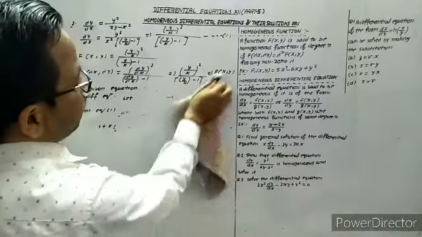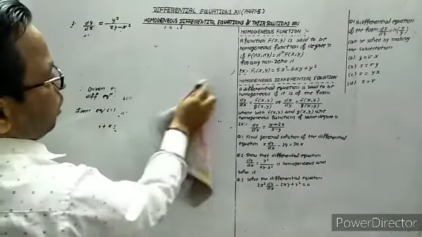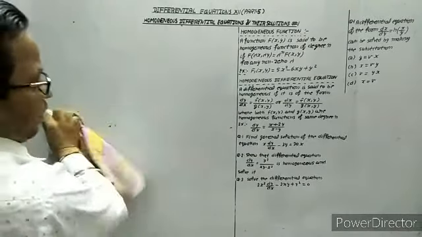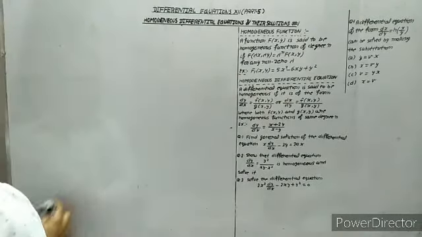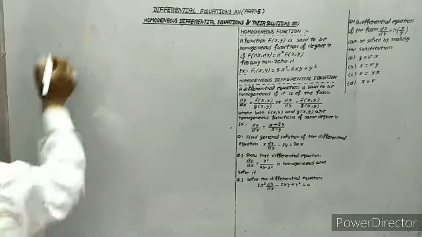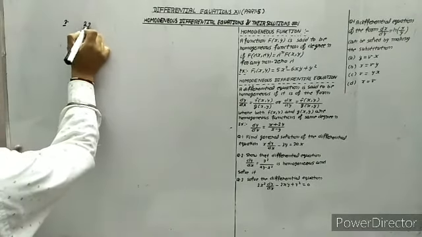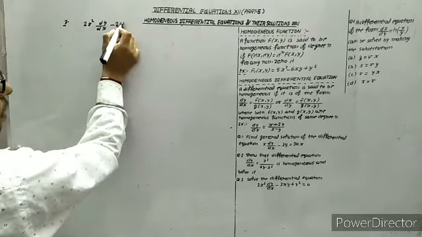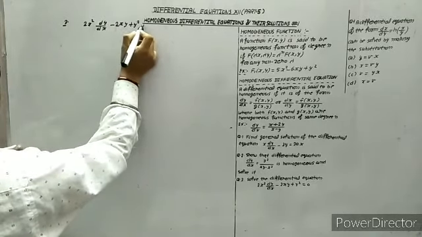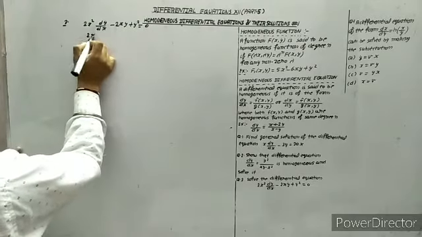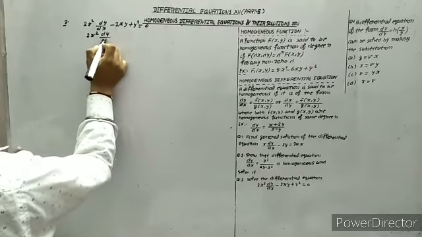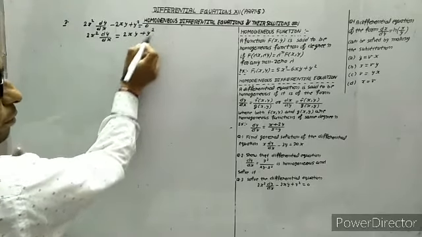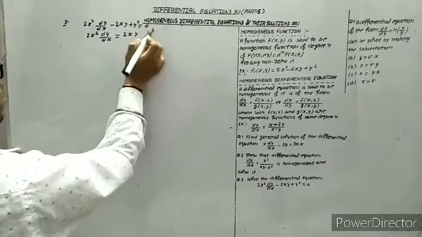Now let's start with the solution of question number 3. In question number 3 we have to solve the given differential equation, which is of the form 2x² dy by dx minus 2xy plus y² is equal to 0. First of all, 2x² dy by dx is equal to 2xy minus y².